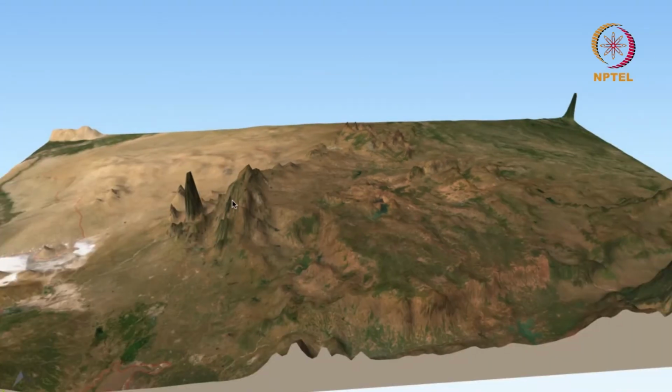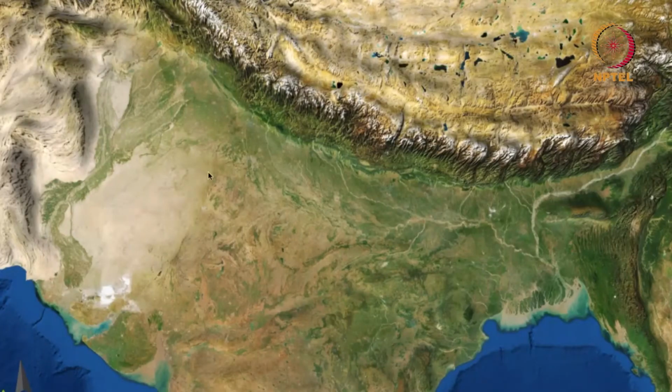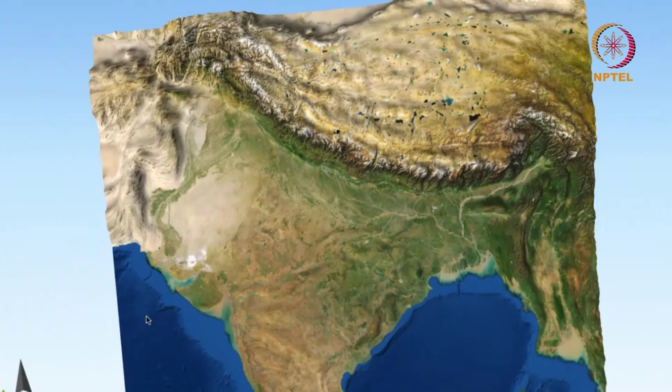Now it turns out that when we have the southwestern monsoons, then they move in this direction, and when they move like this, the Aravallis do not stop them. So there is hardly any orographic rainfall that occurs in this area, whereas we get a large amount of orographic rainfall here and in the northeast.